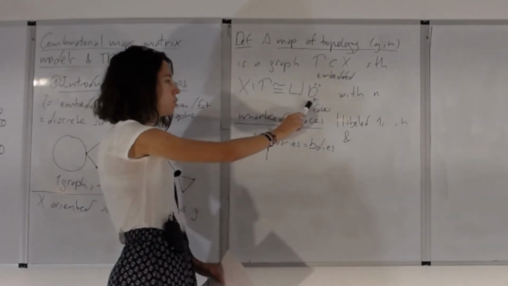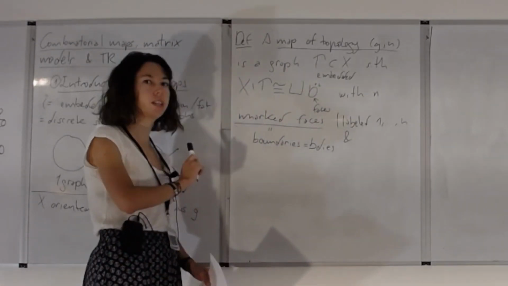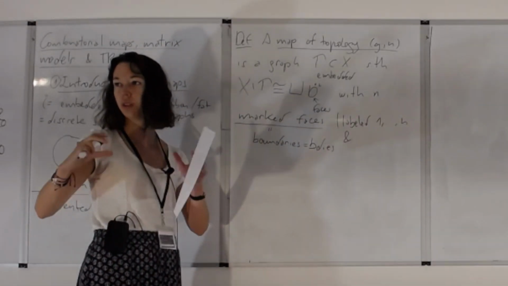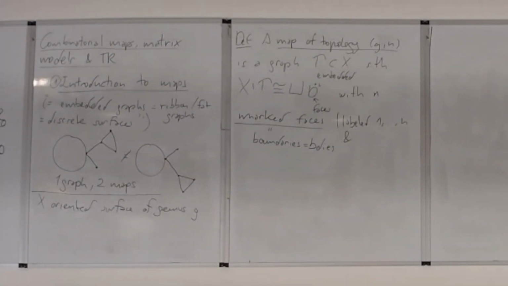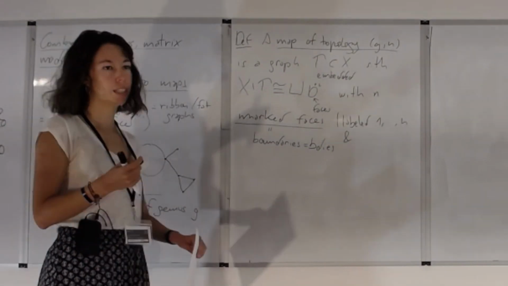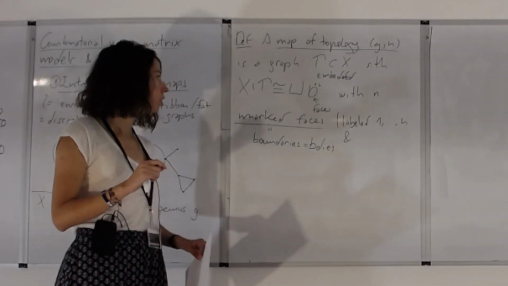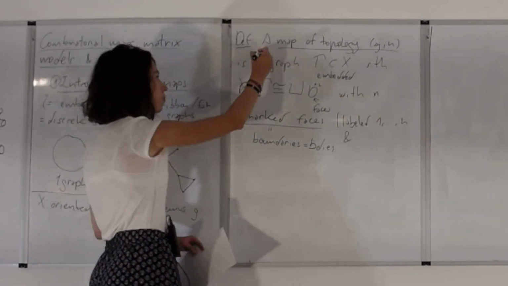So this is just to say that the faces, so the complement of the graph in the surface, should be a disjoint union of simply connected things. And does the graph have to be compact or not? Yes. But if it's disconnected, you will never have this, no? But okay.